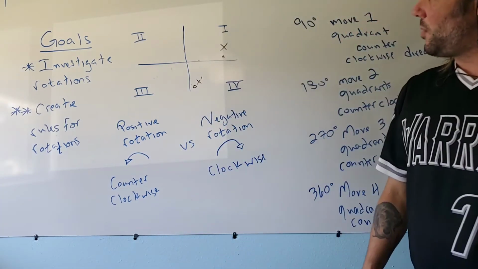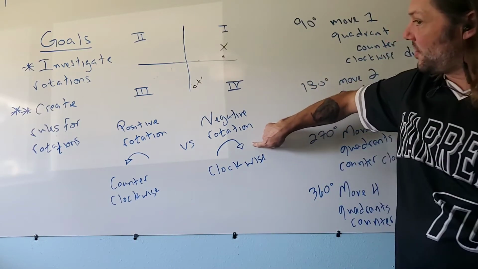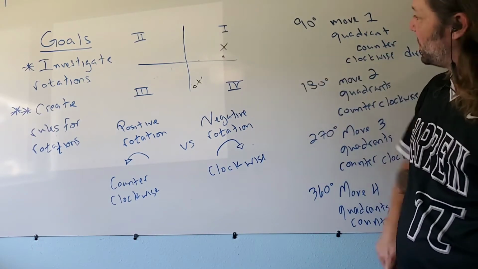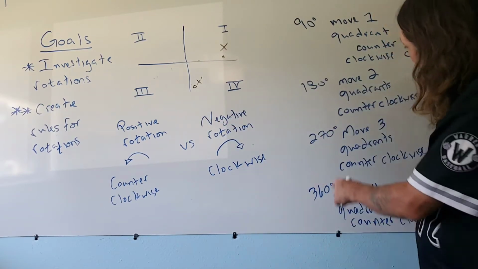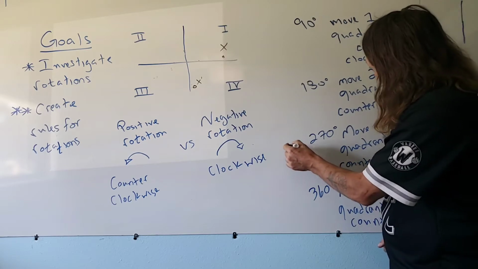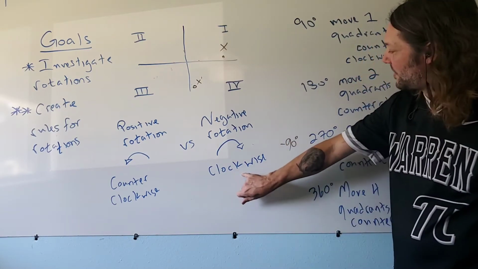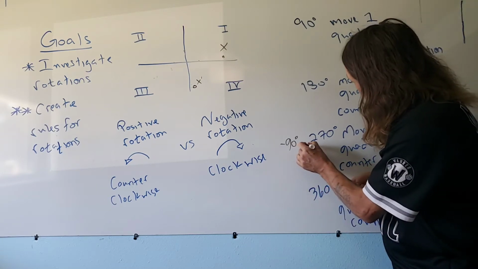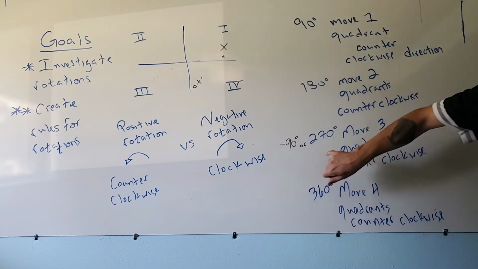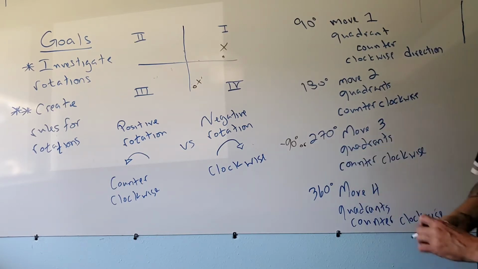And so what I want to point out to you is that a negative rotation of 90 degrees is going to take me to the exact same place that a 270 degree rotation would take me. So I'm going to put a negative 90 degrees to indicate that I'm moving in the clockwise direction. That's the exact same as moving 270 degrees in the counterclockwise.